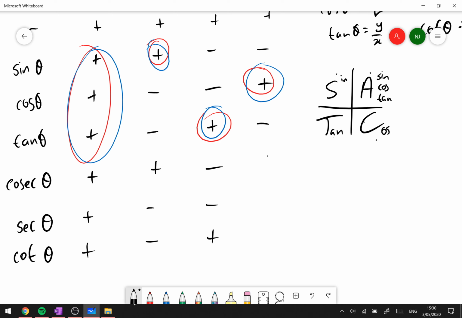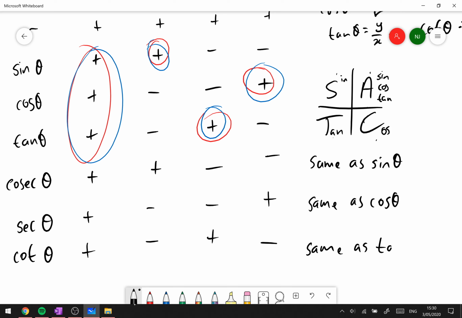Okay? And that's just a really cool little side thing of these ratios. But remembering that they are just the reciprocal, so they are using the same parts as cos, tan, and sine. It's just they're flipped over.